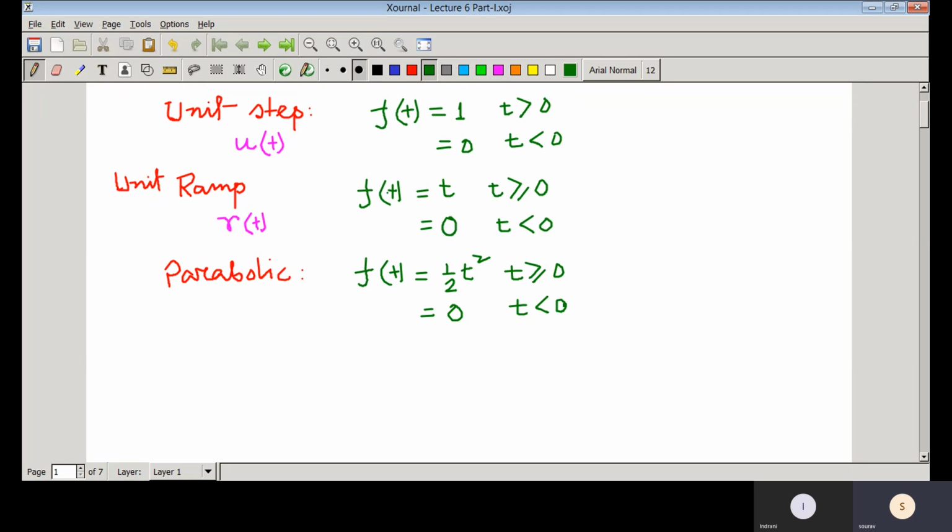And another important function we use is the impulse. The impulse function f(t) is described as delta(t), equal to 1, and we are talking about the unit impulse. So the magnitude is 1 when t equal to 0, and it is equal to 0 when t not equal to 0.